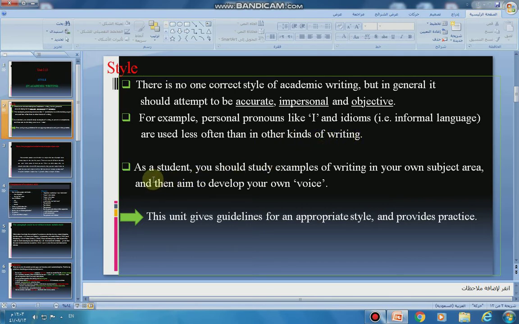For you as a student, you should study examples of writing in your own subject area, if you are doing, for example, chemical engineering or civil engineering or business accounting, whatever, and then aim to develop your own voice.